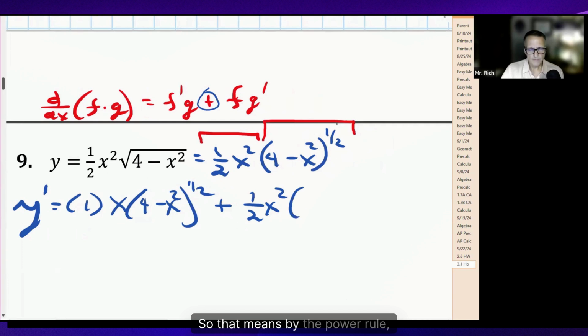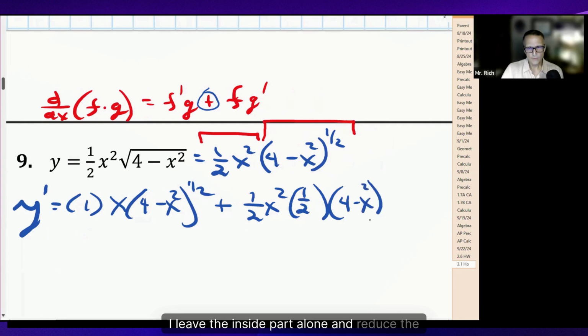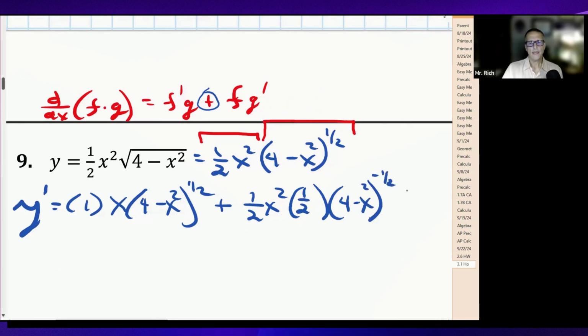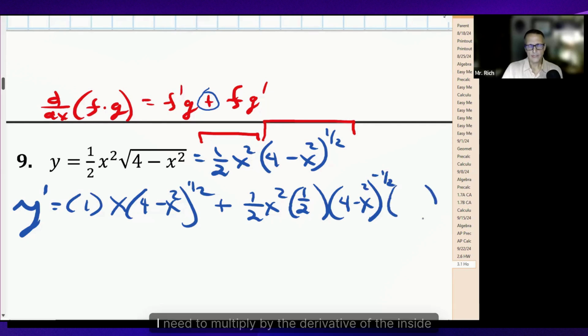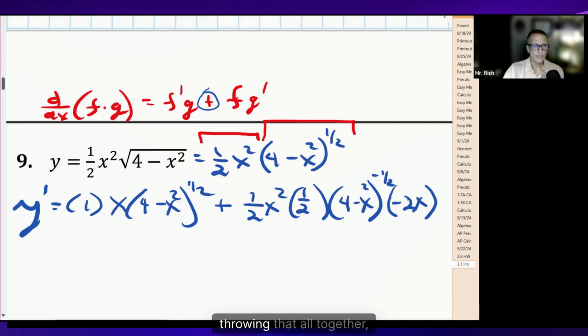So that means by the power rule, the 1/2 comes to the front. I leave the inside part alone and reduce the exponent by 1, giving me a negative 1/2. And then by the chain rule, I need to multiply by the derivative of the inside part, which would make it negative 2x. Now, throwing that all together, simplifying a little bit, not much to simplify here.